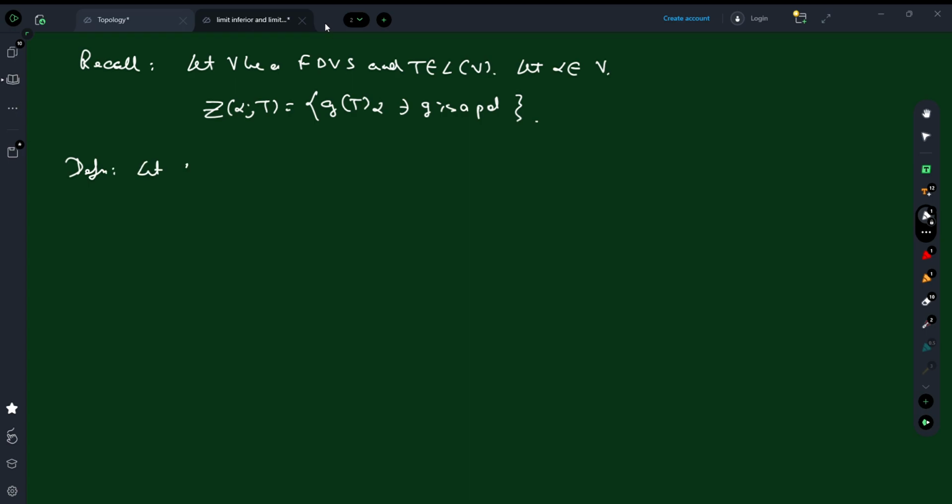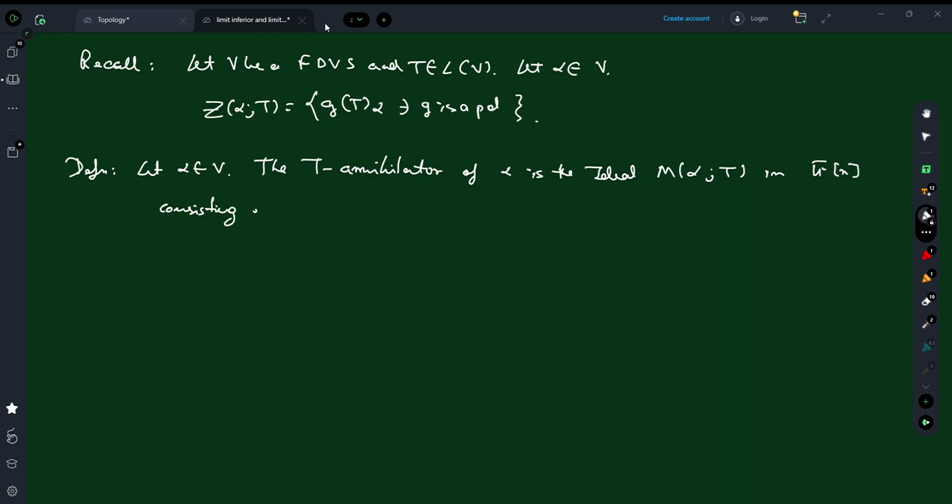Definition: let alpha be a vector in V. The T-annihilator of alpha is typically the ideal denoted M(alpha; T) in F[x], consisting of all polynomials g such that g(T)alpha is equal to 0.